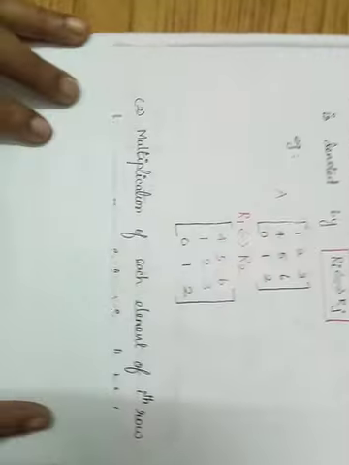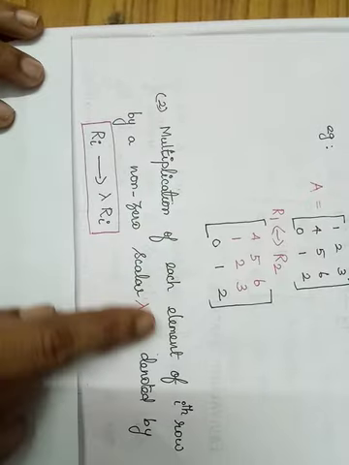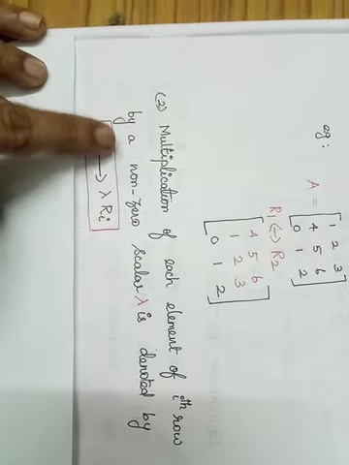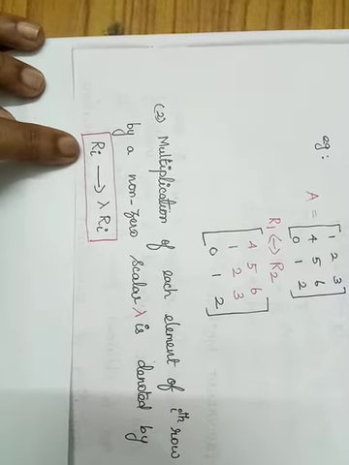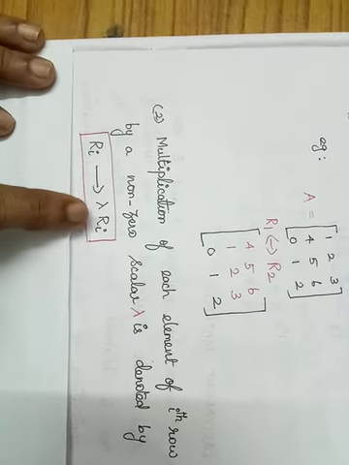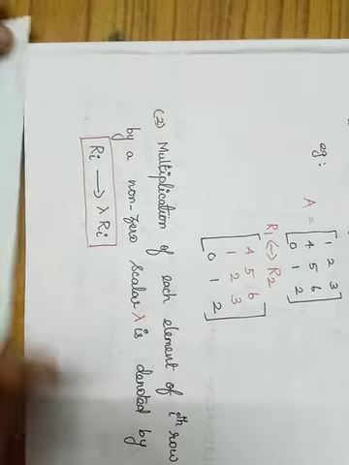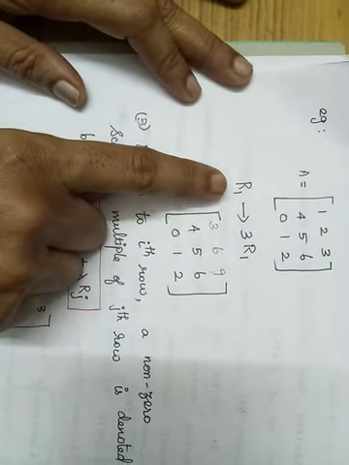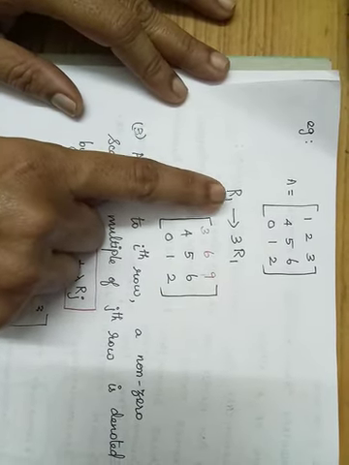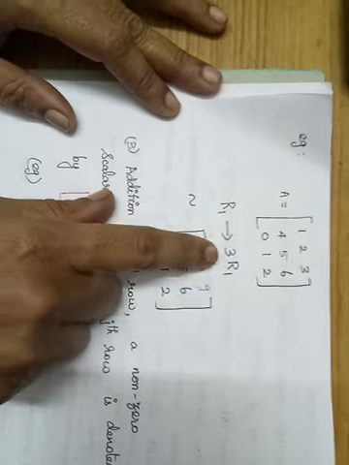The second one is multiplication of each element of the ith row by a non-zero scalar lambda, denoted by Ri is transformed to lambda Ri. For example, a matrix is considered. Here I am going to do the transformation R1 is transformed as 3R1.